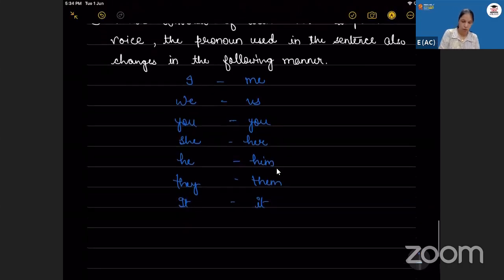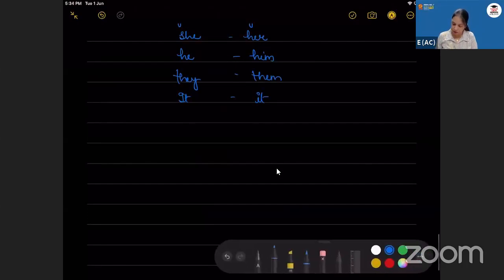And the last rule, that is rule number 6.